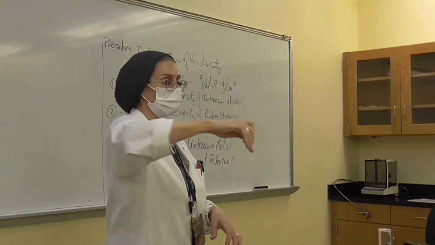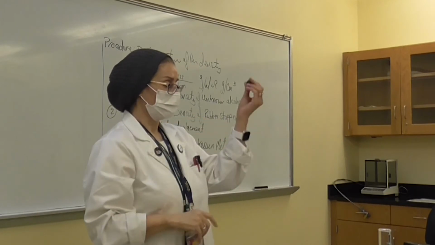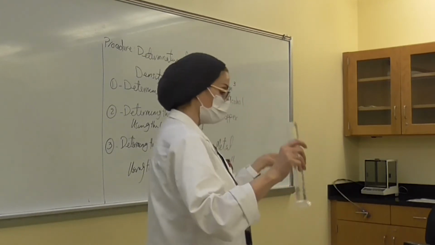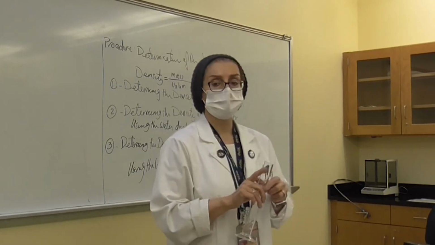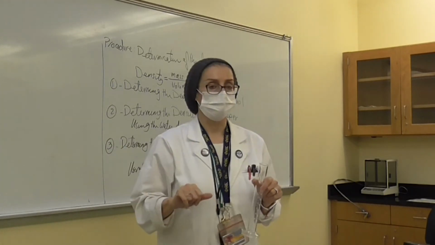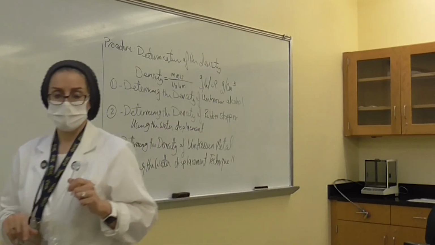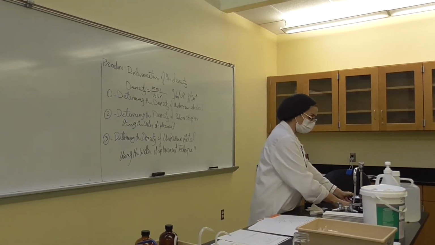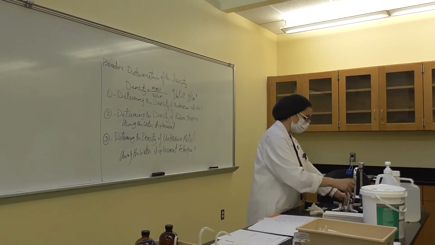Every group needs one of these. You can always take it. And in this case, we are going to demonstrate the water displacement. Okay? So we are going to have any amount of water, it's up to you.